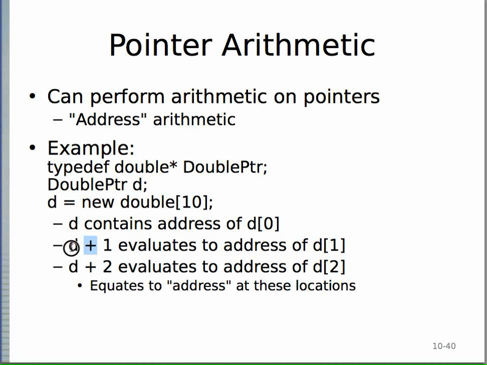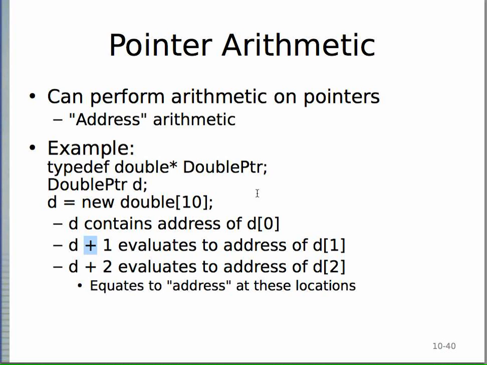If d is a double pointer, the plus 1 means you add 8, because each double is 8 bytes, at least on the systems we're using. Most systems today use 8-byte doubles, so when you add 1 to this d pointer, you're adding 8 to the memory address.